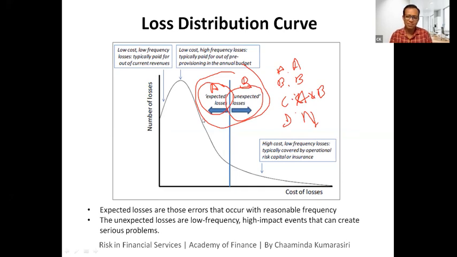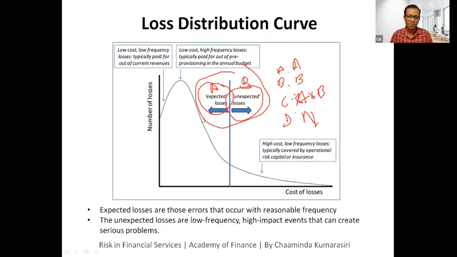For impairments, we use the expected loss model. For expected losses, you provide. Is it considered as risk? If you expect a loss, it is not risk.